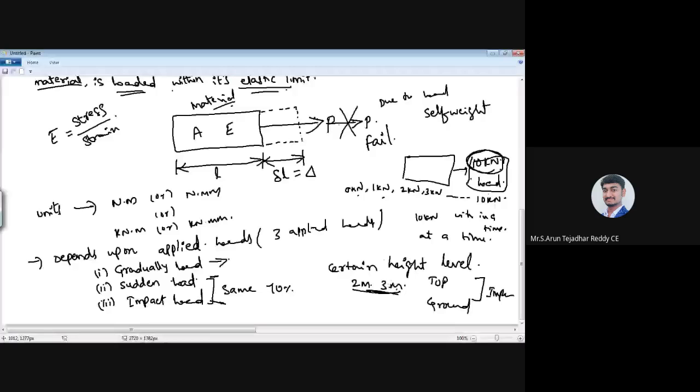Then I can apply here impact loads. So these are the three variations of applied loads: gradually load, sudden load, impact load. Totally these three loads are what strain energy depends upon.